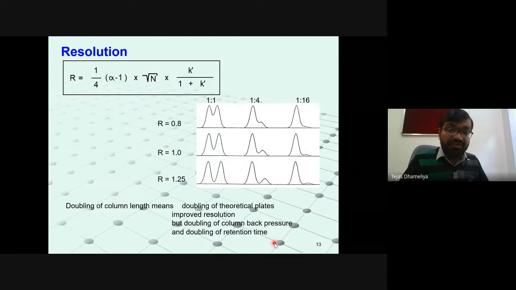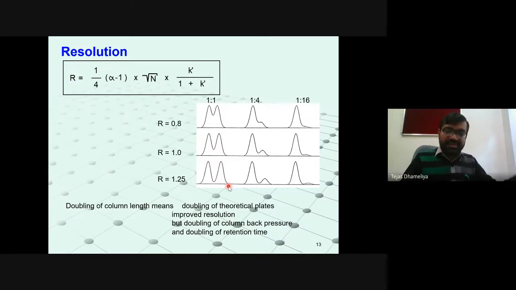What is the significance of all of these parameters? The resolution is more important. If two peaks have merged with each other at a resolution of 1 or 0.8, the concentration of the two species may be 1:1, and here 1:4, here 1:16. But if the concentration is 1:1 and resolution is 1.25, both the peaks have achieved a complete separation.